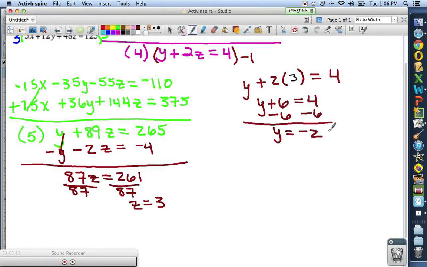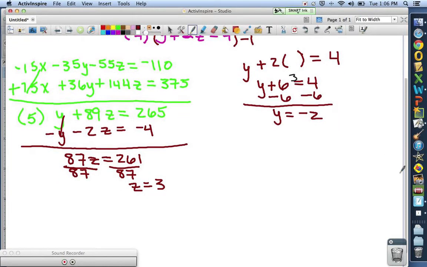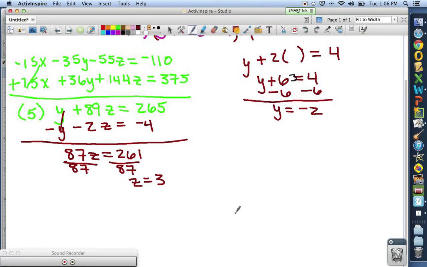We now have 2 out of the 3 unknowns solved for. So going back to equation 1, we will plug in for both the z and the y. So equation 1 will now become x plus 2, instead of y we're going to write negative 2, plus 3, and instead of z we'll put 3, equals 6.